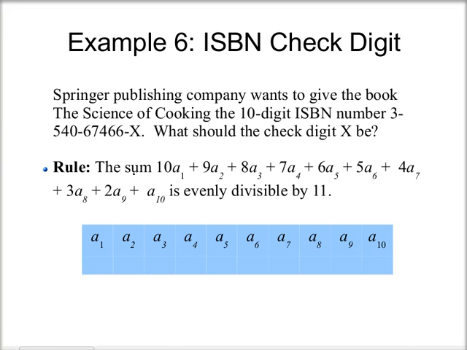So here I've copied my rule down, and the first thing I'm going to do is fill in my chart with my 10 digits. So I've got 354067466, and then I don't yet know what my check digit A10 should be.